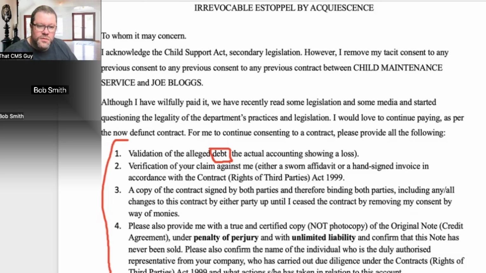The company might go, well, actually, we've lost out on time, and we can prove that. There's the amount of staff, there's the amount of time.